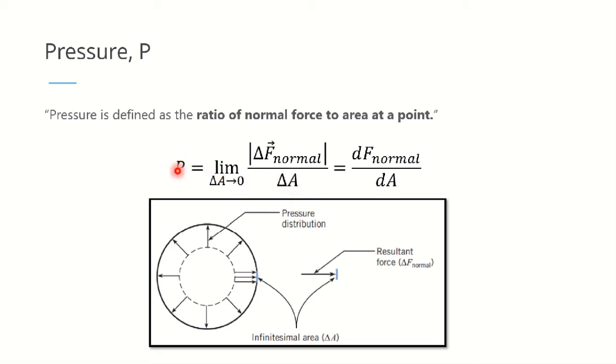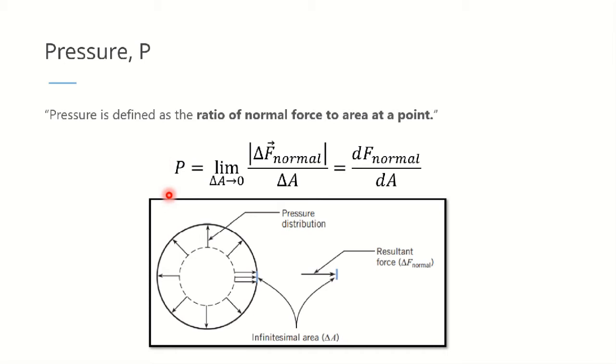Okay, so pressure is equal to the limit of this ratio, delta F over delta A, as delta A approaches 0. Ayan. Or dF over dA. So mas mag-work sa atin yung ganitong form ng pressure, dahil not all surfaces pare-parehas yung pressure na ma-experience nila.